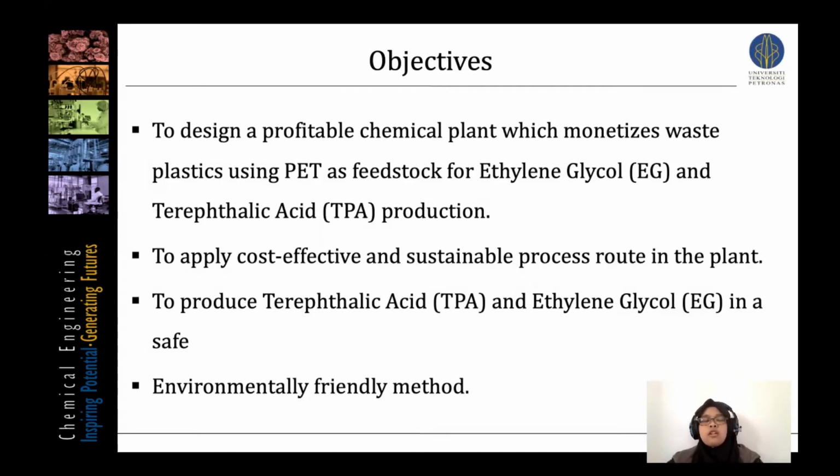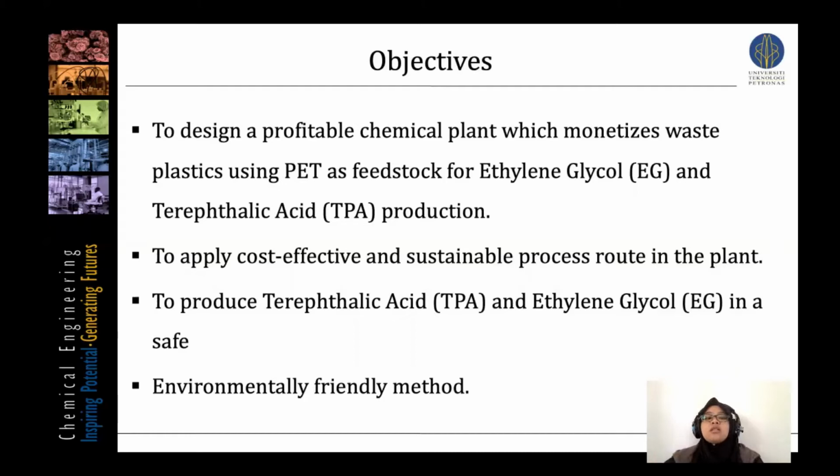So the objective of this plant design is to design a profitable chemical plant which monetizes waste plastic using PET as feedstock for ethylene glycol and terephthalic acid production. Therefore, PET is our feedstock, and ethylene glycol and terephthalic acid will be our major products.